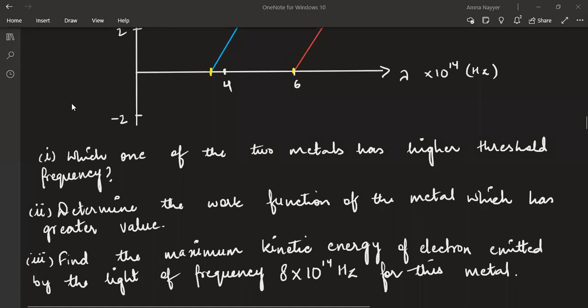See, the first part is very easy. By just looking at the graph, you will all be able to answer the first part. Note down the questions first, then one by one you can all answer. At least the first part, all of you should answer. Many students have not given a single answer till now.